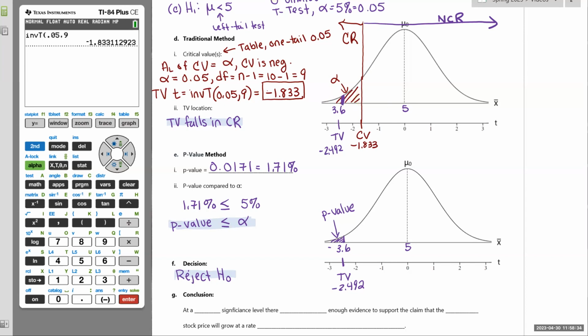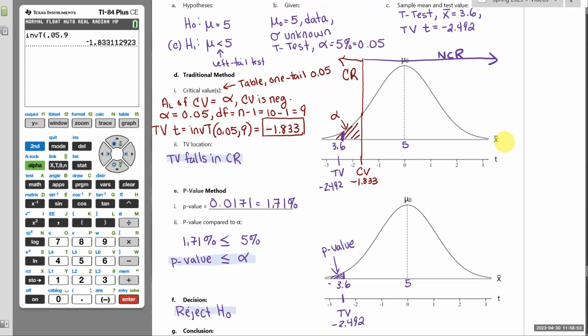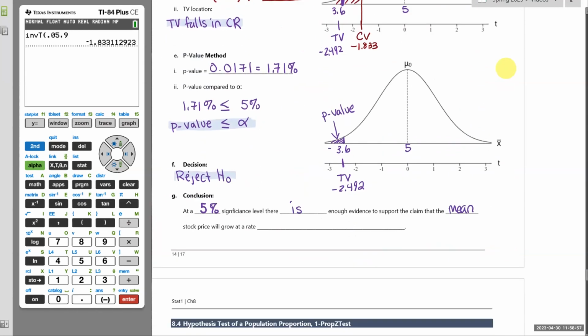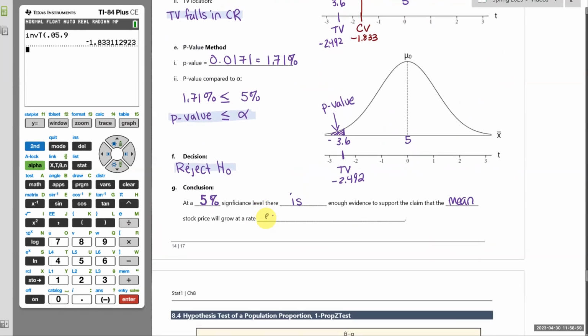Okay, so at a 5% significance level, if we reject the null, there is support for the claim. So there is enough evidence to support the claim that the mean stock price will grow at a rate less than $5 per week.